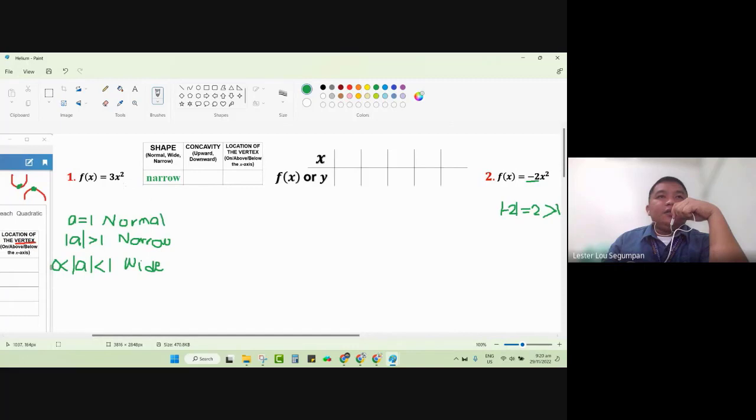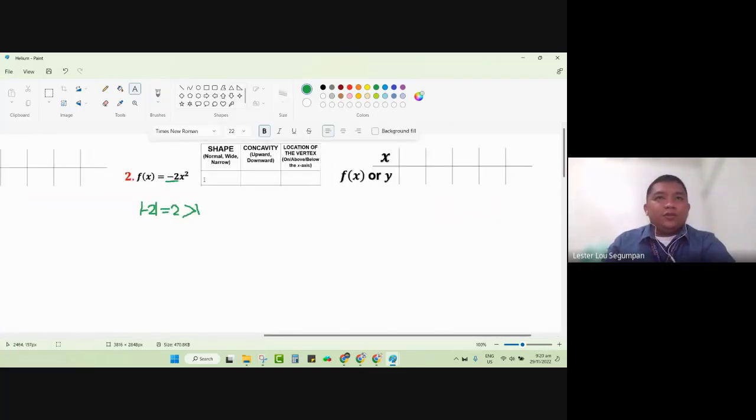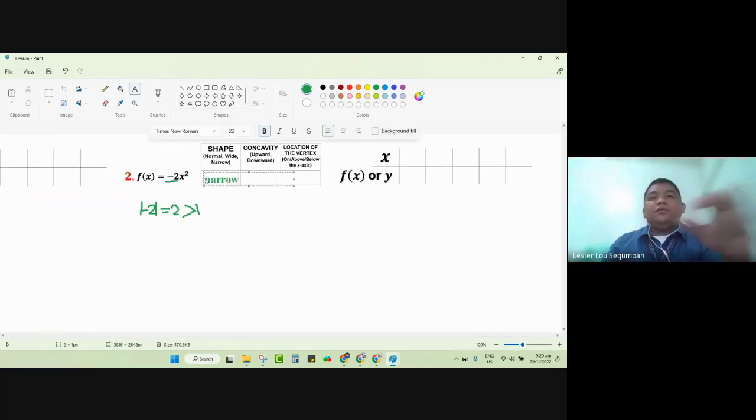Here earlier, the absolute value of 3 is 3 and it's greater than 1. Hence it's narrow looking into this perspective. So here it's also narrow, or narrower as compared to the normal.